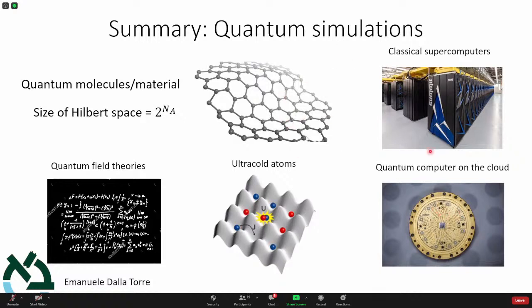And really, the best that you can do is to couple all these systems together. This is what we should really do. We should use materials to learn about quantum computers, to learn about classical algorithms, to learn about field theories, and so forth. So it is really the interaction between all these fields that will make science progress. I have no doubt about it.